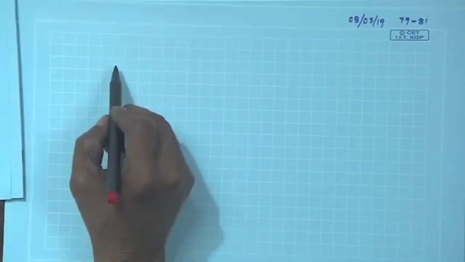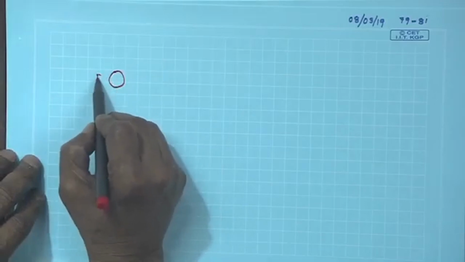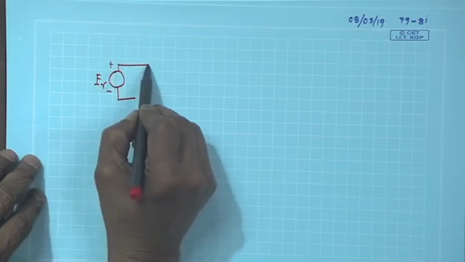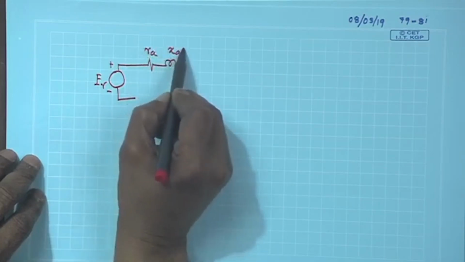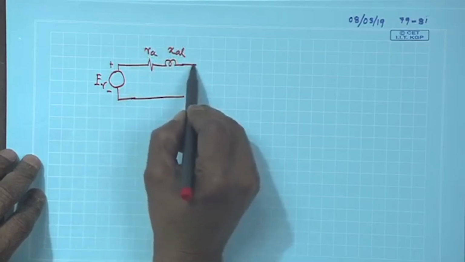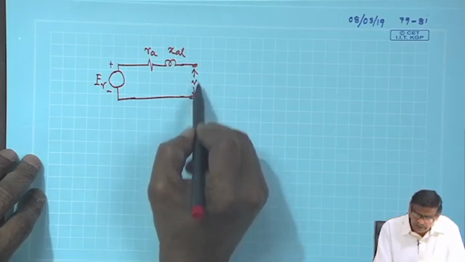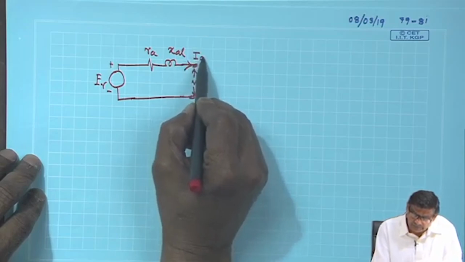In that case, this equivalent circuit, which I drew with E R only, E R plus minus, has the leakage reactance drop per phase X A L, and this was your terminal voltage V, and it is delivering some current I A.